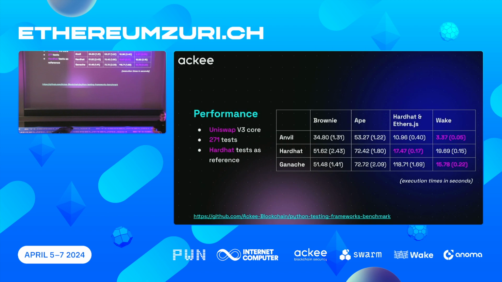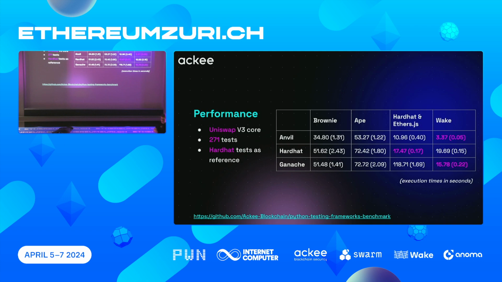As I said, human time is more expensive than the machine time, but when it comes to execution times, Wake is also very efficient. We took the Uniswap v3 core project. It already contains tests written in hardhat. We took those tests as a reference and rewrote 271 tests into Ape framework, into Wake framework, and into Brownie framework.